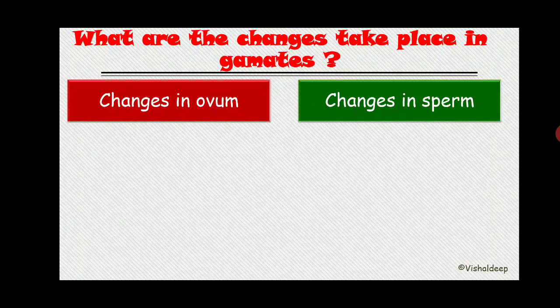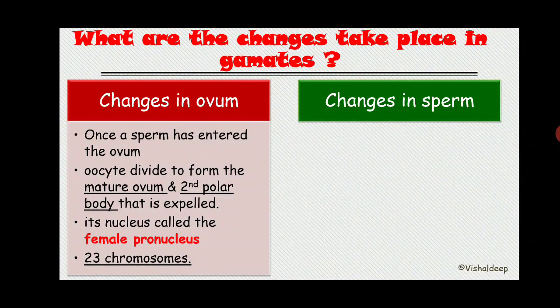So once the sperm has entered inside the ovum, the oocyte divides to form a mature ovum and the second polar body is expelled, and it completes the second meiotic division, and the female nucleus is now known as the female pronucleus, and it has 23 chromosomes.